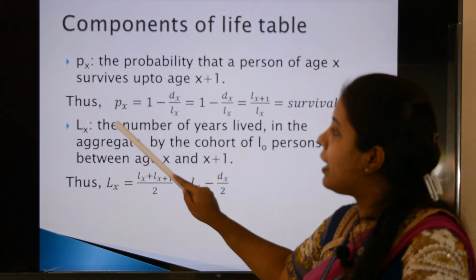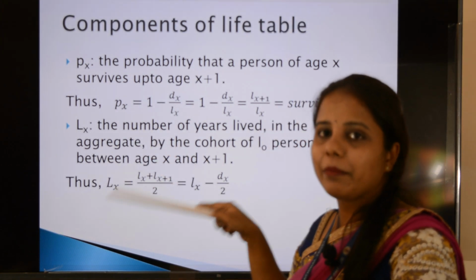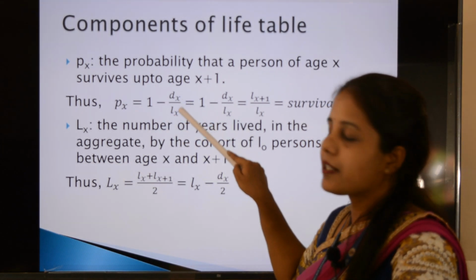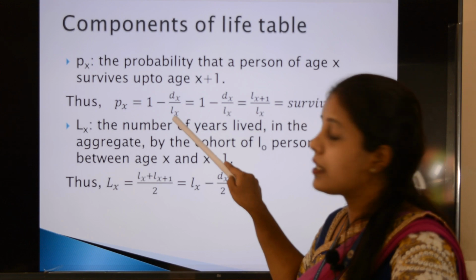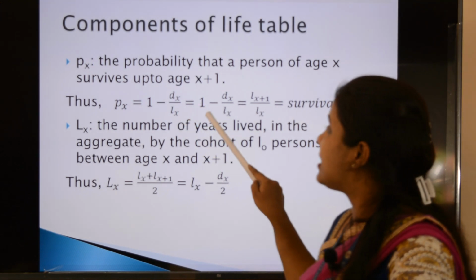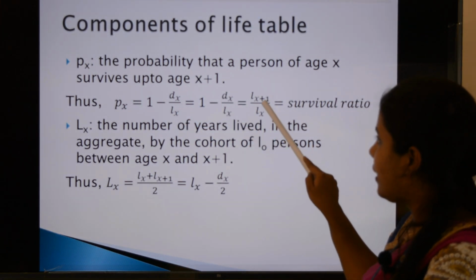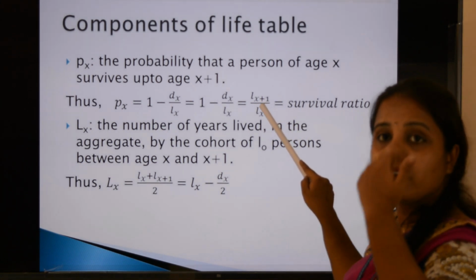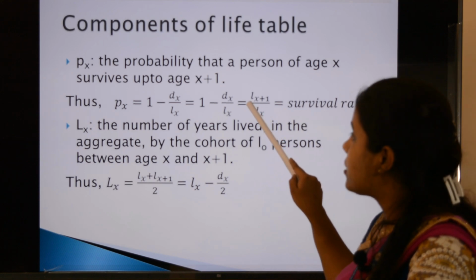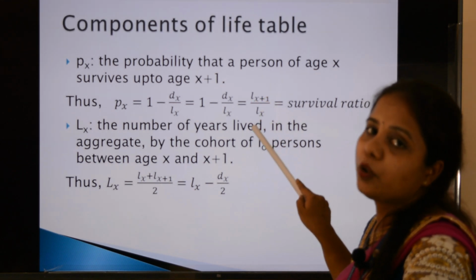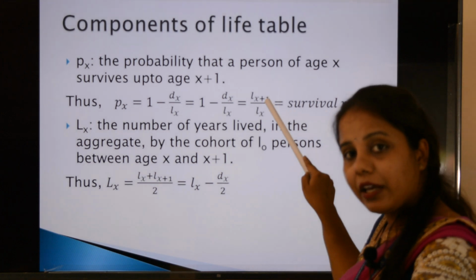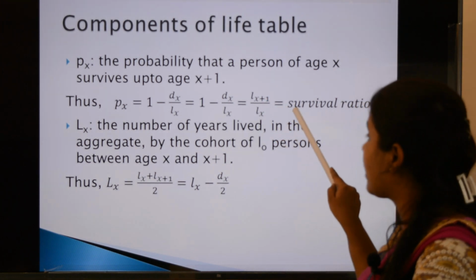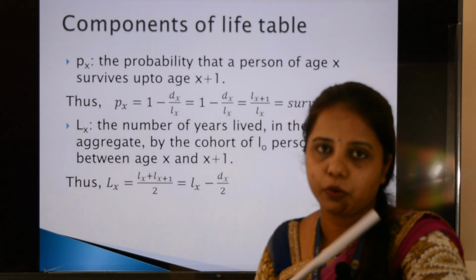And the formula, I told you, is a complement of Qx, that is why it is 1 minus dx by Lx, where dx by Lx is Qx. If we simplify this, we get Lx plus 1 divided by Lx. You can recall the same example. This is like L21 by L20. L21 was 7, L20 was 9. So 7 by 9 will become the survival ratio.